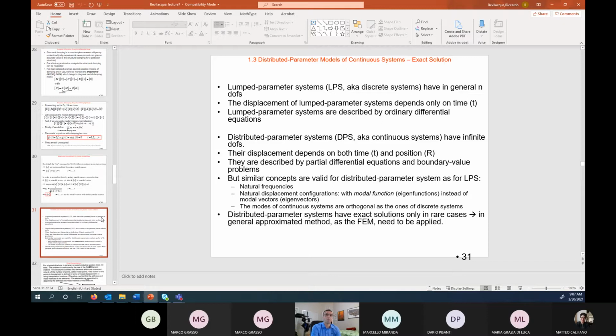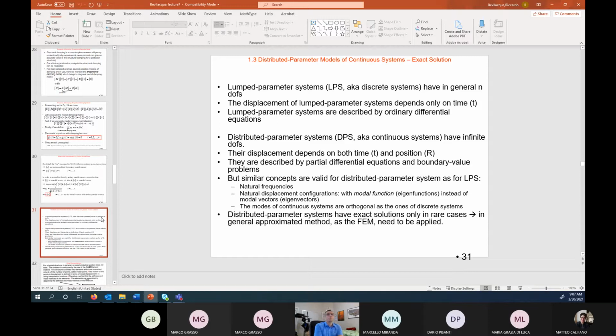But there are similar concepts for distributed systems. You can talk about natural frequencies. You can talk about natural displacement configurations, now with modal functions instead of modal vectors. And the modes of continuous systems are orthogonal, like the ones for discrete systems.